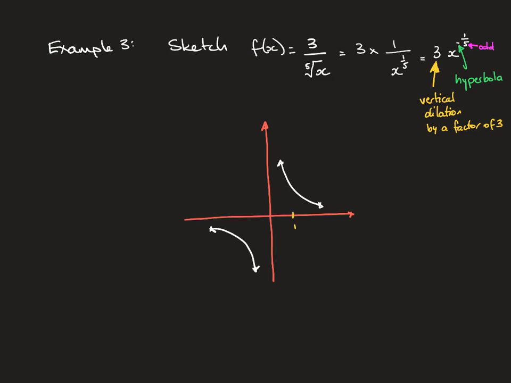That means for our x value of 1, the corresponding y value, instead of being (1, 1), is at (1, 3). And for our x value at -1, its corresponding y value will be at -3. And that's our graph sketch.